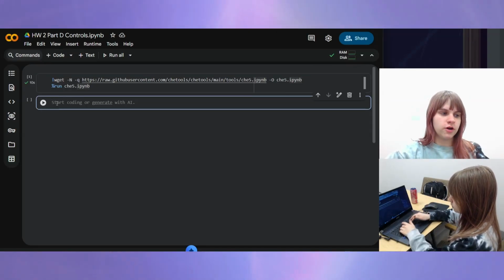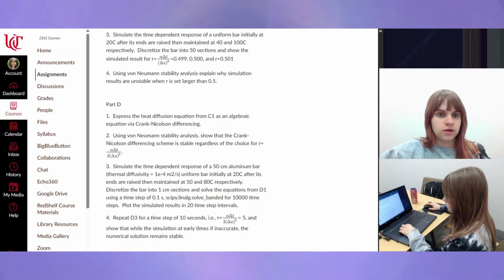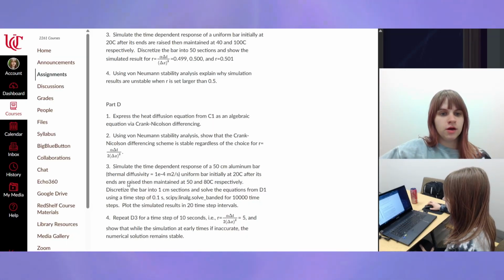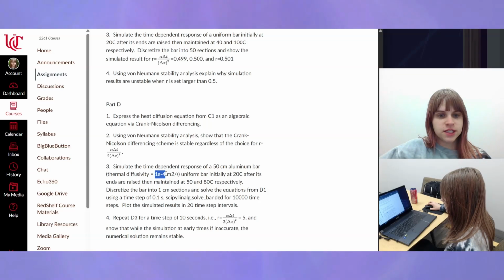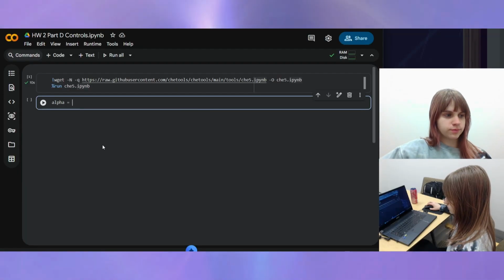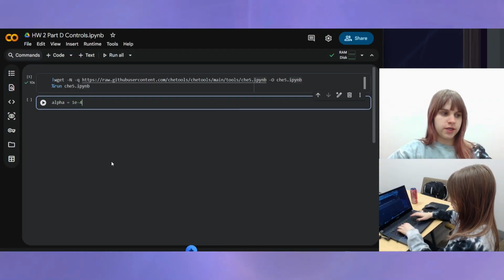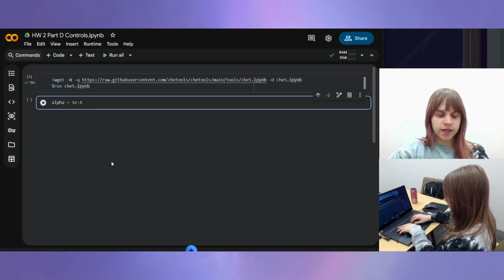Then I want to start off with what was defined. So our alpha, our thermal diffusivity is 1 times 10 to the -4th meters squared per second. And we put it in exactly like that.